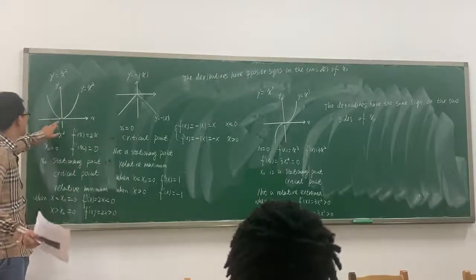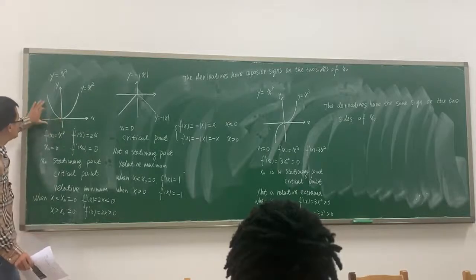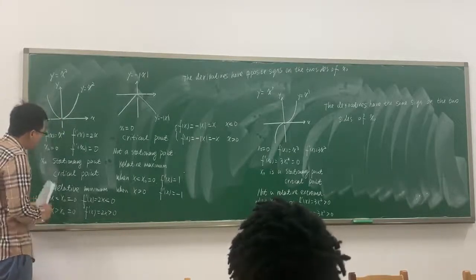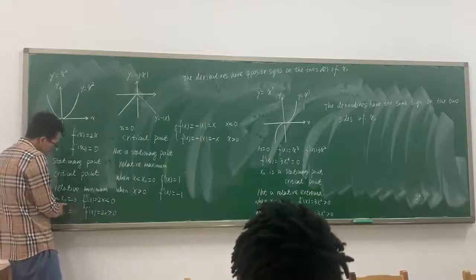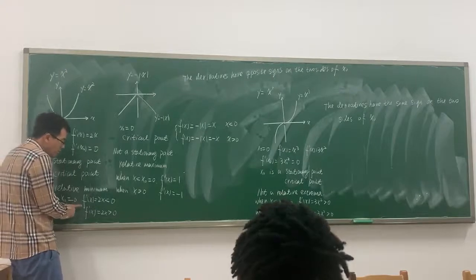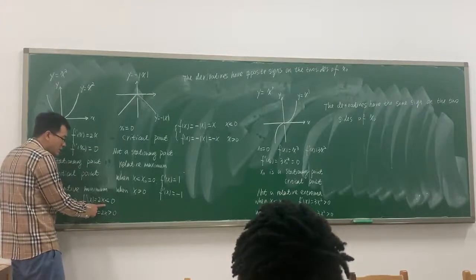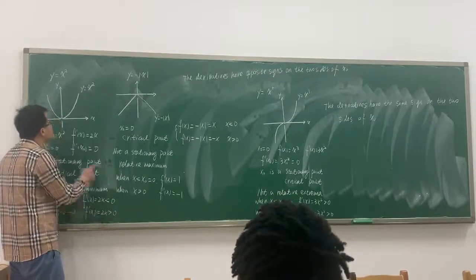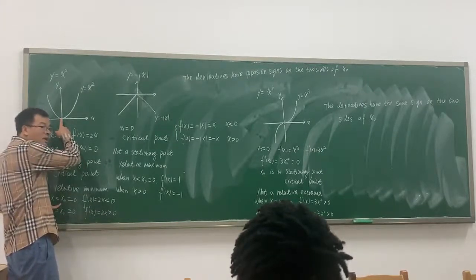For this one, we can also see clearly that if on the left of x0 the derivative is negative and on the right of x0 it is positive, then this is a relative minimum.